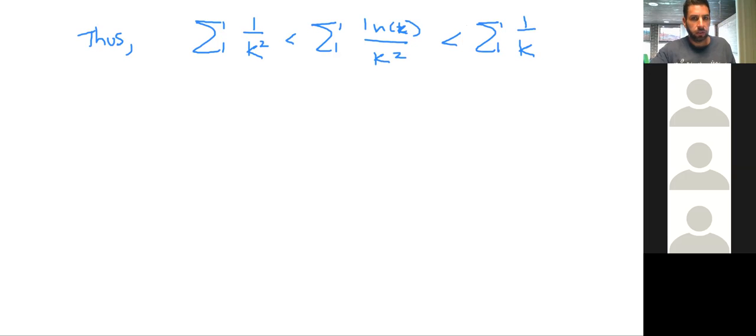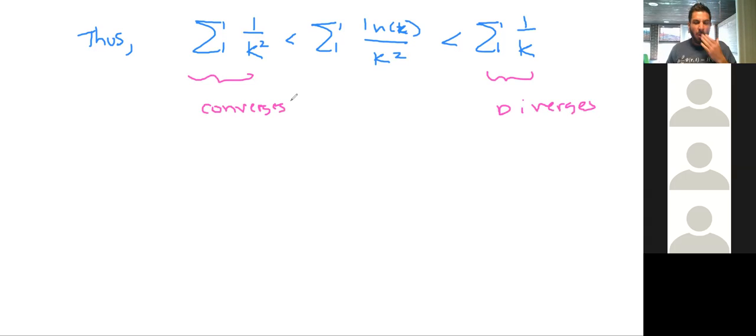And we know this diverges. And we know this converges. So since this guy is bigger than a convergent one and smaller than a divergent one, we can't make any logical conclusions on what's absolutely happening yet. We have to be a little more technically sound.